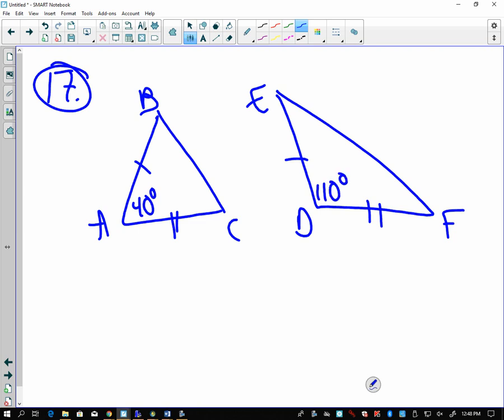We'll say that this is 2x plus 6, and we'll say that this is 20. We want to write an inequality that gives us the possible values of x in this diagram.